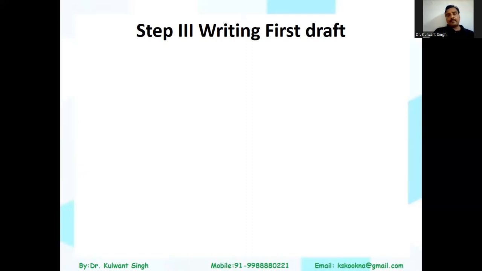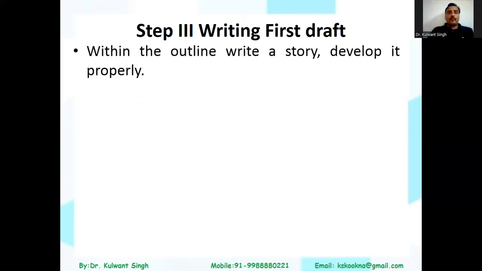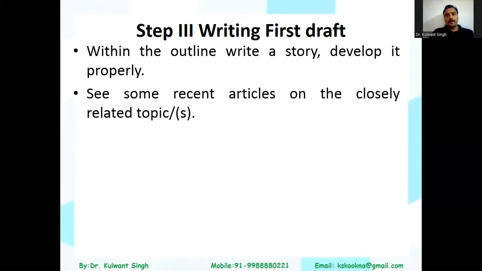The next step, writing the first draft of the review paper. Within the outline we decided in the first phase of our process, write a story and develop that particular story properly. See some recent articles on closely related topics.